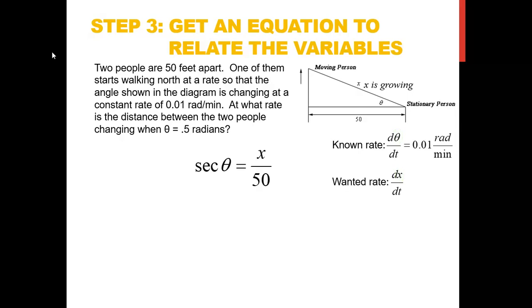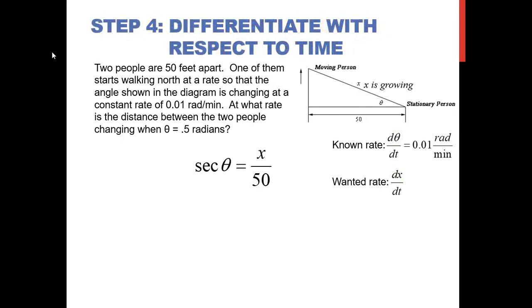Okay, so now we just want to differentiate. Of course, we're taking the derivative of secant theta on the left-hand side, but we're understanding that theta is changing with time, so we're going to differentiate with respect to t for time. And then we have this variable theta, so we're going to use the chain rule.